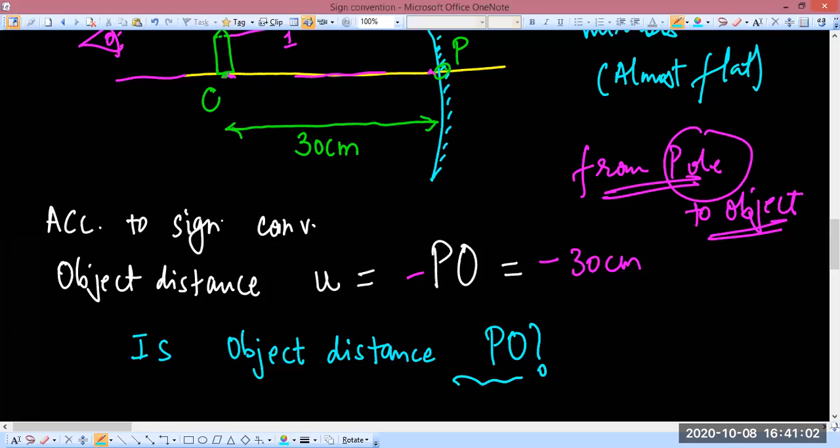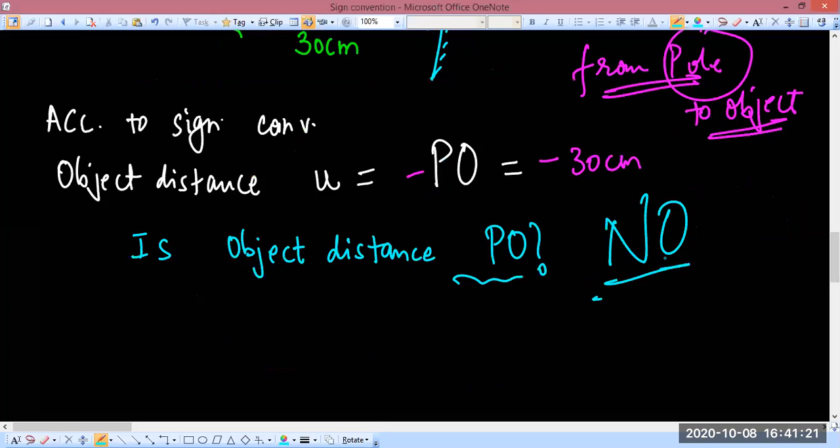Okay. Quite surprisingly, the answer is no. Object distance is not PO. Object distance is minus PO.